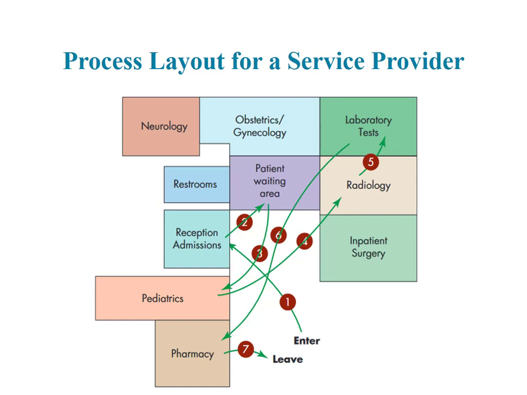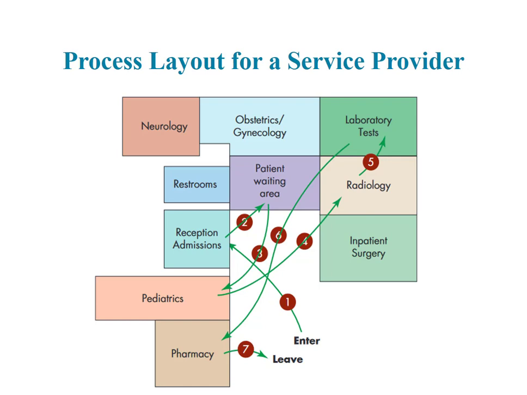If we take a look at this example of a process layout of a service provider, you can see this is kind of like a medical clinic. The path taken through the facility reflects the unique treatments for a patient's visit. Based on where they enter and which area they need to go to, this shows the process layout for them as a service provider.